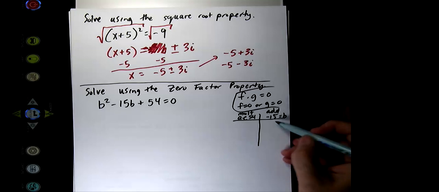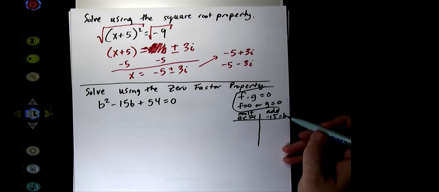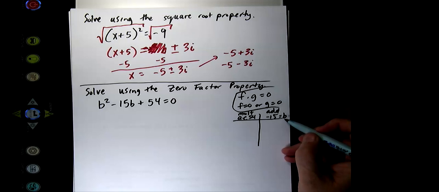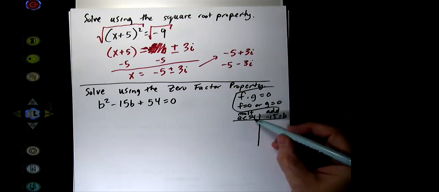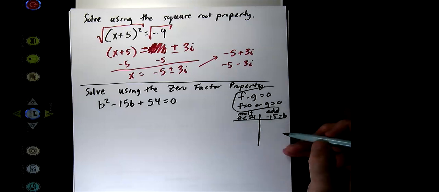Well, the only way we get two numbers to add to a negative number is if one of them is negative. And if one of them is negative, but they multiply and make a positive number, they both have to be negative.